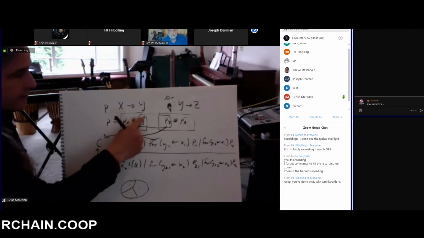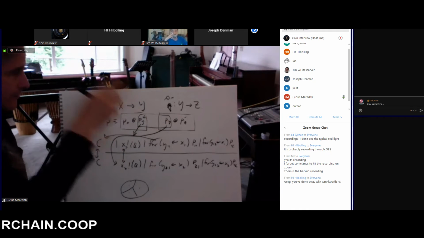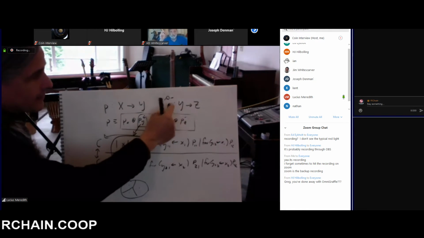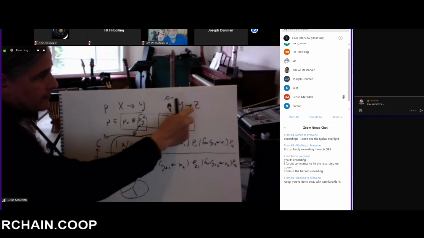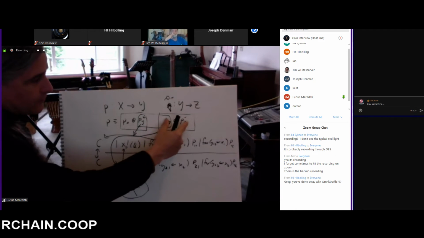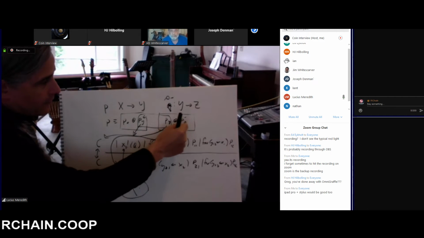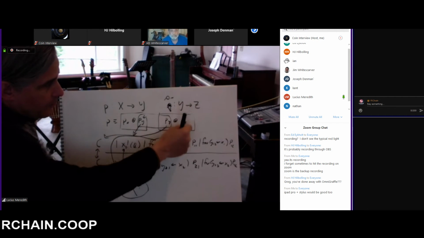This is how it communicates with the outside world. And the fact that P prime is running from Y to Z means that it has two parts running in parallel: one is the Y part, and the other is the Z part.